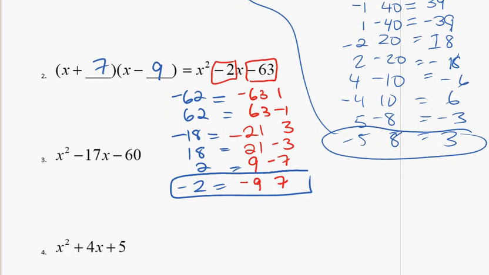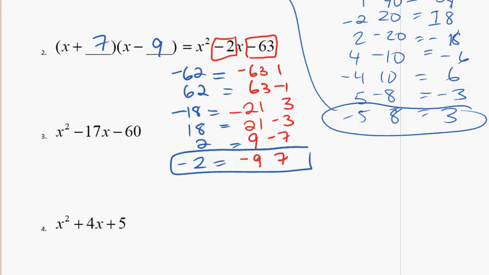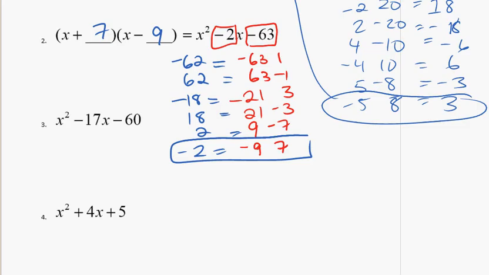Whereas in number 3, I'm looking for something that's 17 apart. So I'm probably not going to be looking at numbers really close together, like 6 and 10, not for when it's negative, negative. So let's look at that. Negative 60. Let's do it over here.